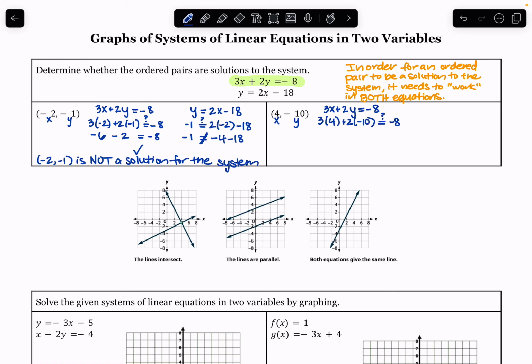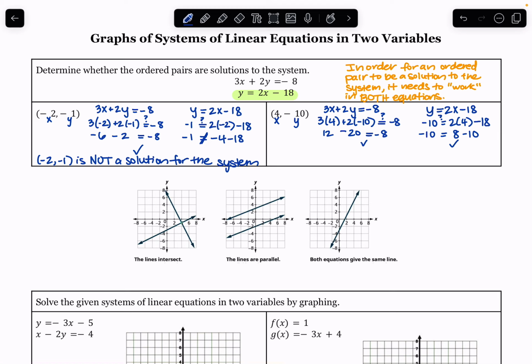When I multiply that out, I get 12 minus 20 is equal to negative 8, and that's true, so I'm going to put a check mark. However, we cannot stop. We need to try both equations to make sure that it works in both. So I also need to try y equals 2x minus 18. When I plug in x and y, that will give me negative 10 is equal to 2 times 4 minus 18. And I'm going to put a little question mark because that's what we're checking. So that would be negative 10 is equal to 8 minus 18. And that's true as well. So I'm going to put a little check mark.